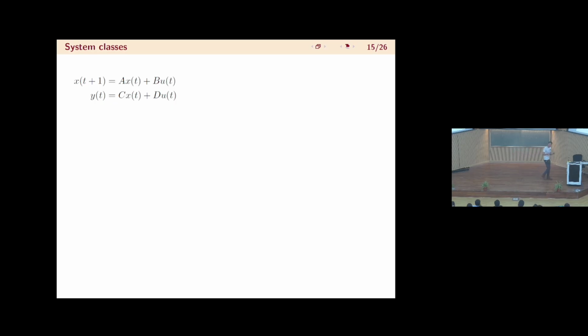Since this is a technical subject, I just want to remind you of some notation that we used. We identify state space systems A, B, C, D by these matrices A, B, C, and D. And these are for systems of arbitrary state space dimension n, greater or equal to 0, but with a fixed number of inputs m and a fixed number of outputs p.